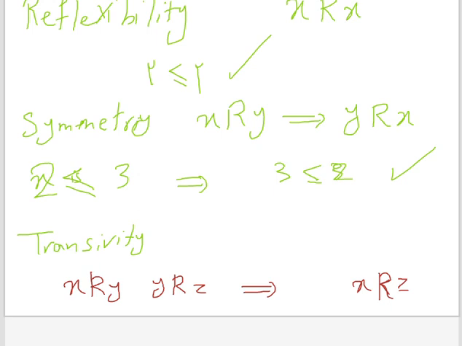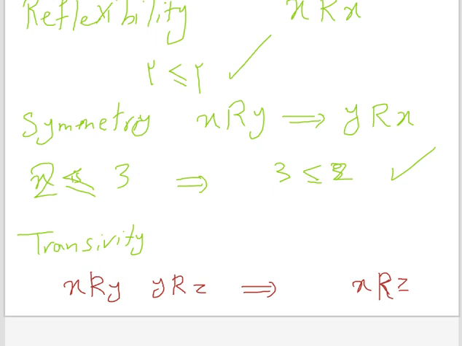For example, 2 is less than 3, so I can say that 3 is less than 2.